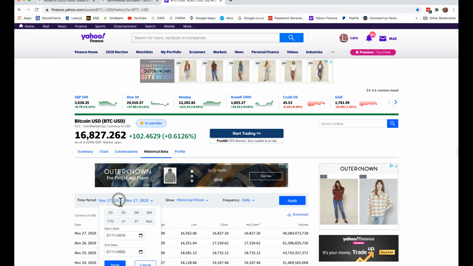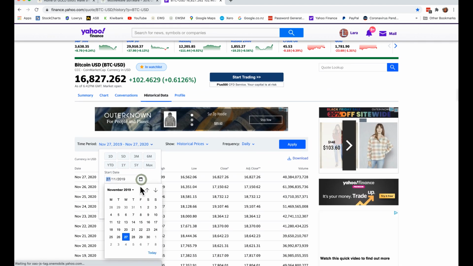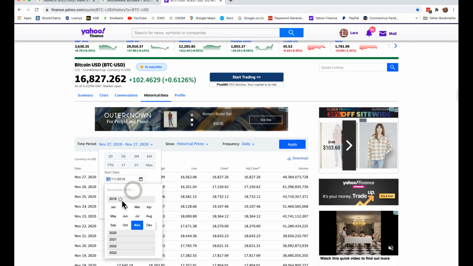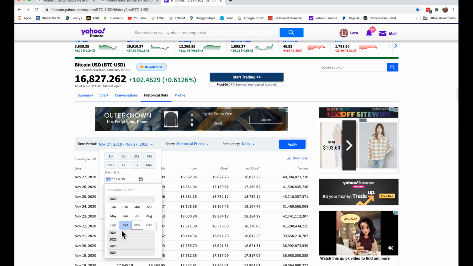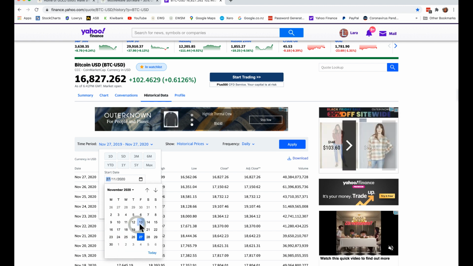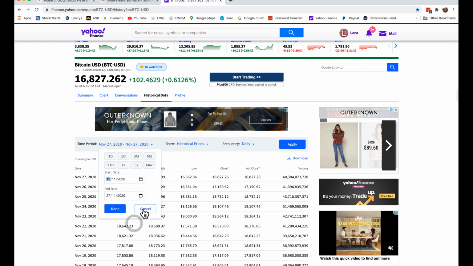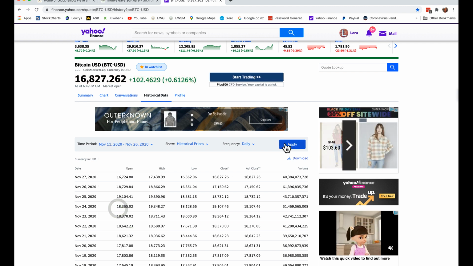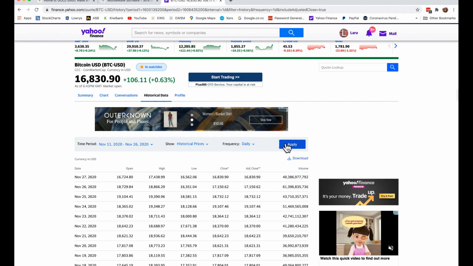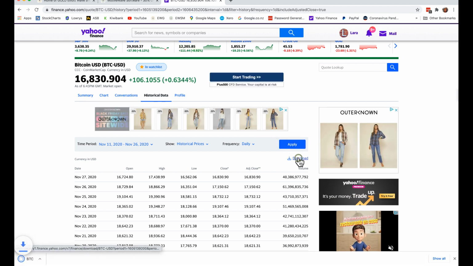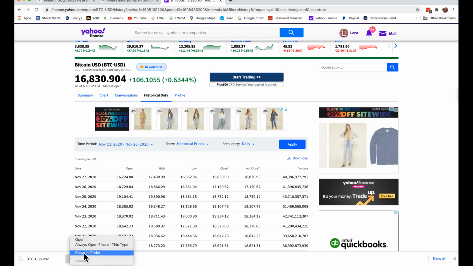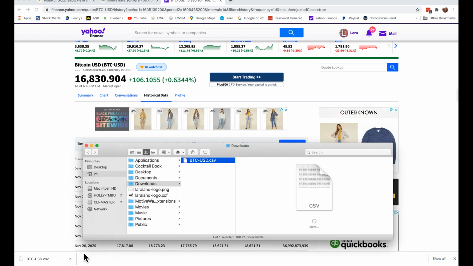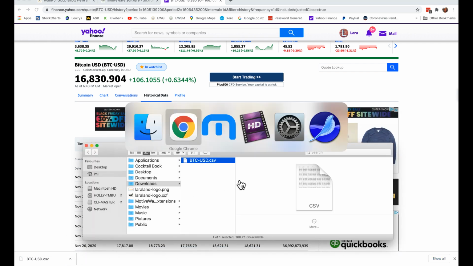I'm going to choose the right dates, from the 12th of November to the current date, apply, download. Okay, so that's in my downloads folder.